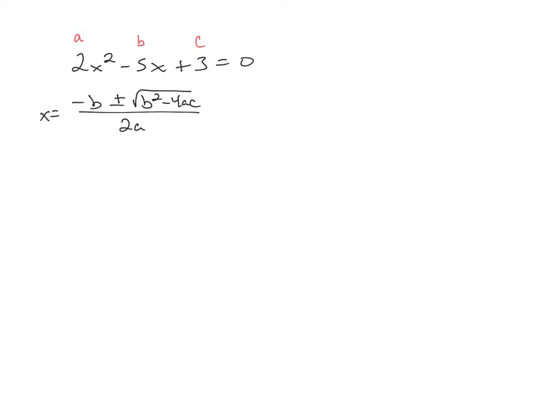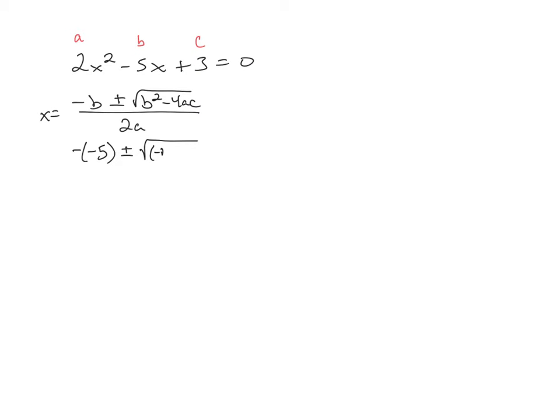So just be careful when you plug it into the formula that there's a negative right here with the formula and there's a negative with the b. So negative from the number and negative from the formula. The most common mistake there is just -5 instead of both negatives.